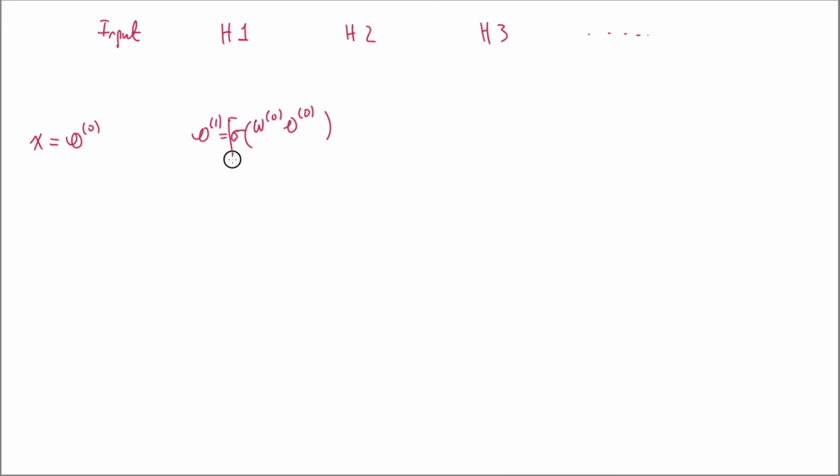And just to be technically correct, we actually concatenate this with 1. Okay, and then we pass that along into a second layer. Then we compute the second output, which is the sigmoid of the second set of weights with the previous output concatenated with 1, and so on and so forth.